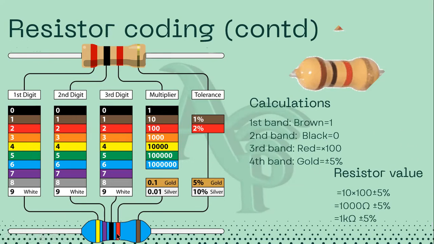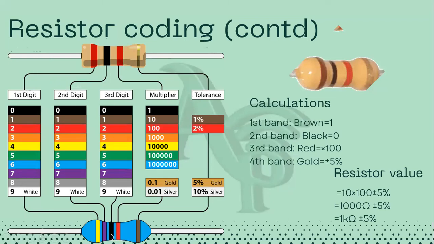Now, for a 5 color band resistor, look at this, we have yellow as the first color. Yellow first digit is 4. Second digit here, we have purple with digit 7. So we have 4, 7. Now, for a 5 color band resistor, the third color band represents the third digit, unlike the 4 color band resistor where the third color band is the multiplier.